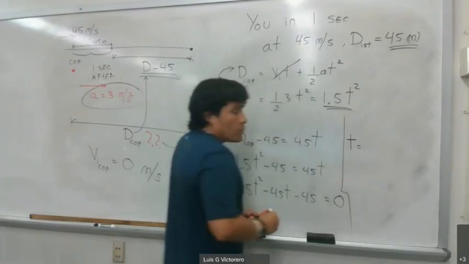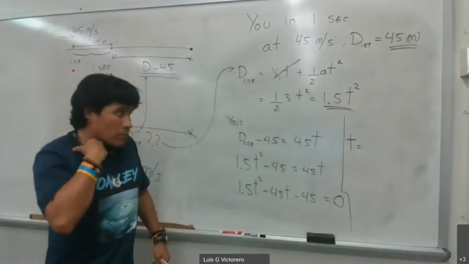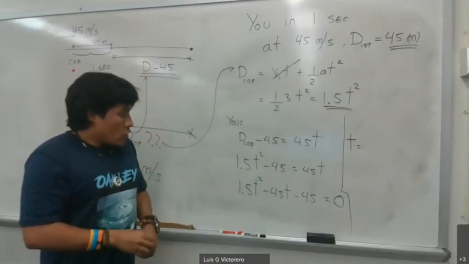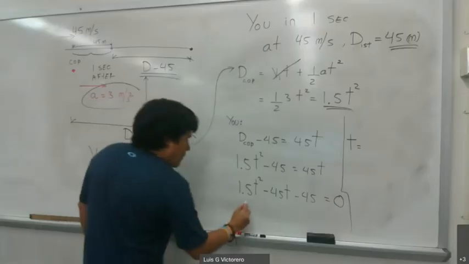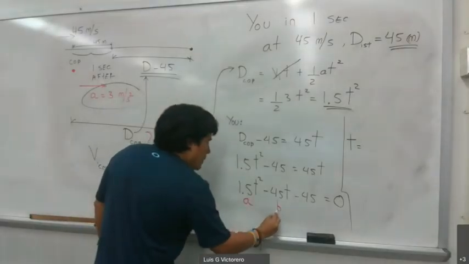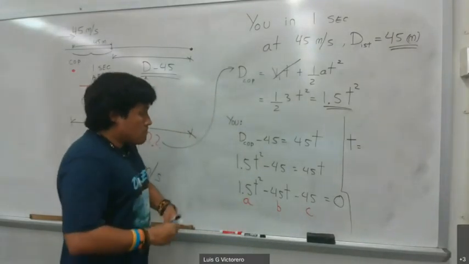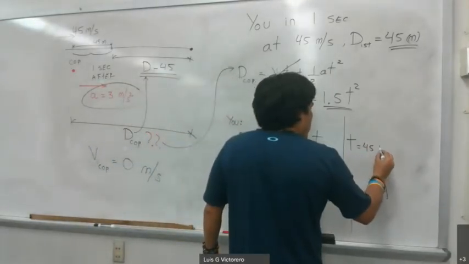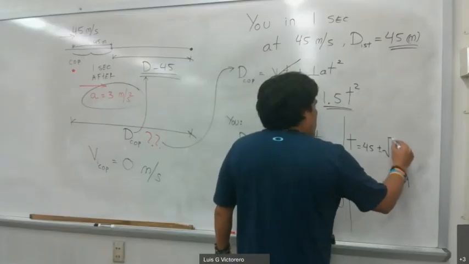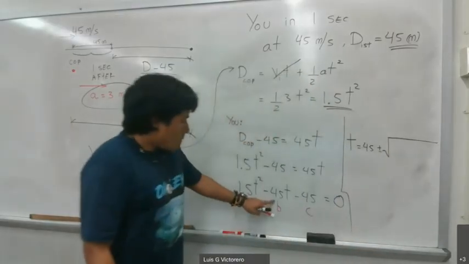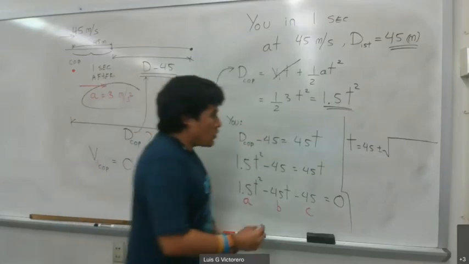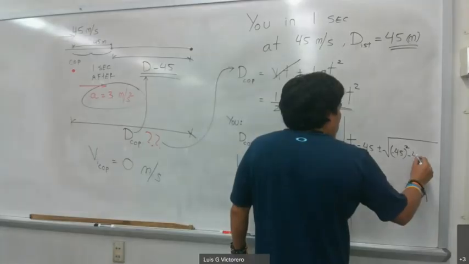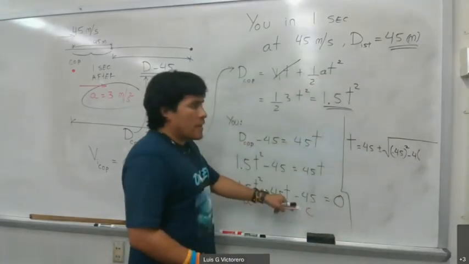Remember though, the quadratic formula will give you two solutions, but we cannot have negative solutions. A, B, C. So negative B plus or minus square root of B squared, which is minus 45 squared, just 45 squared, minus 4 times 1.5 times negative 45.